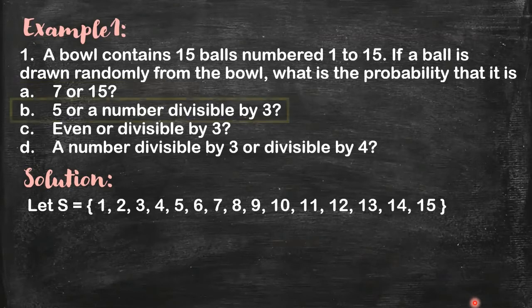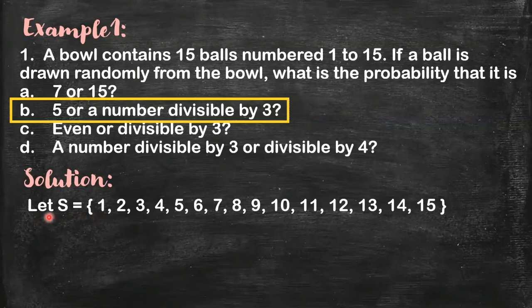Let's try this letter B. The sample space is the same. The sample space S contains numbers 1 to 15. What are the 2 events here? Event A is the event of getting a 5. Event B is the event of getting a number divisible by 3.